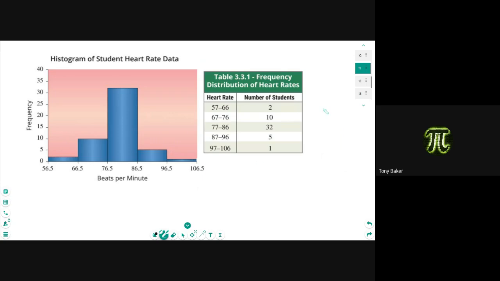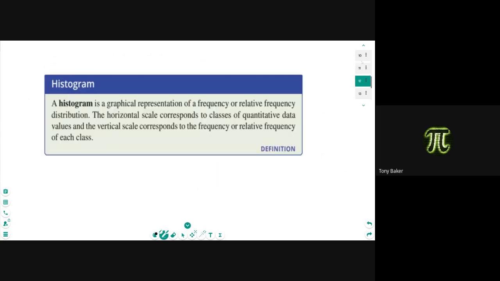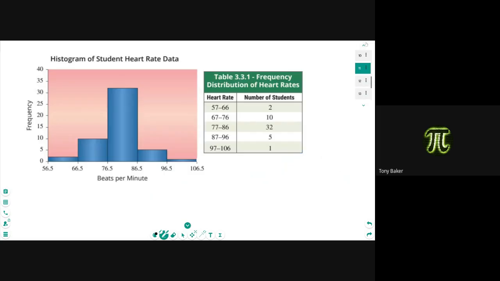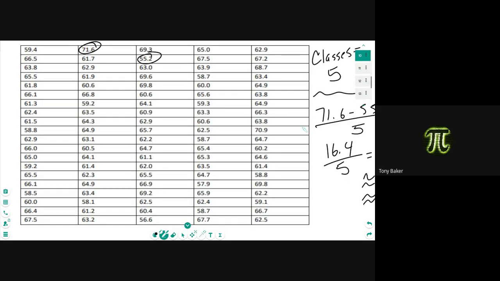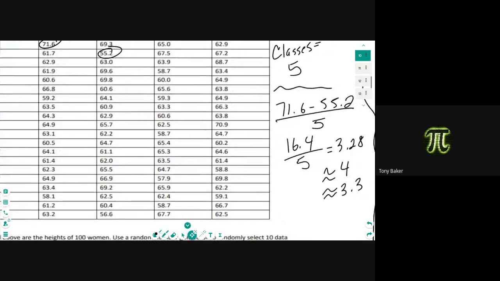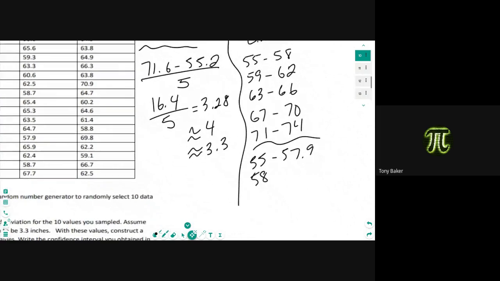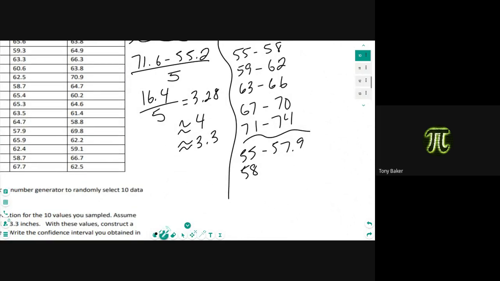So let's see if I have it on here or not. No, I do not. That's okay. So in this one, this horribly long list of values that we did, we did 4, so 58 to 61.9.